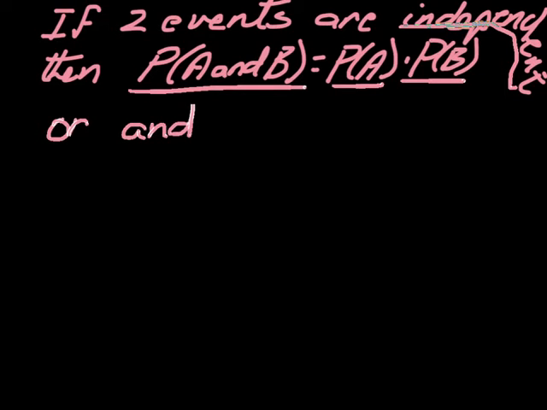If the word is "or," then you need to look for mutually exclusive to decide what formula to use. But if the word is "and," then you need to decide whether the events are independent. So make sure you keep that straight so that you'll be able to deal with those issues as you start to do problems.